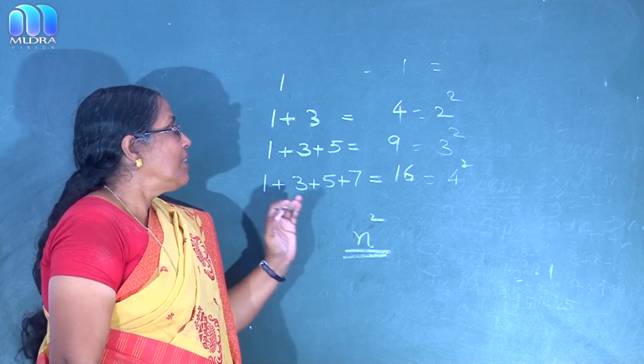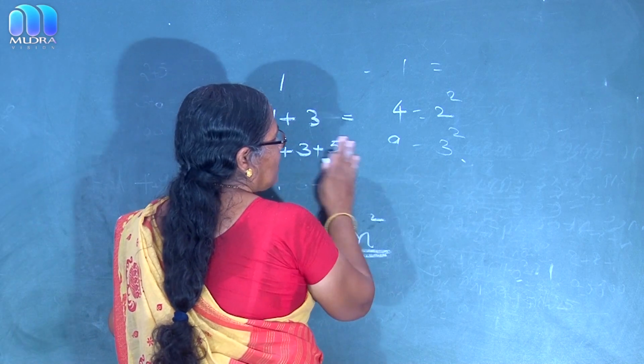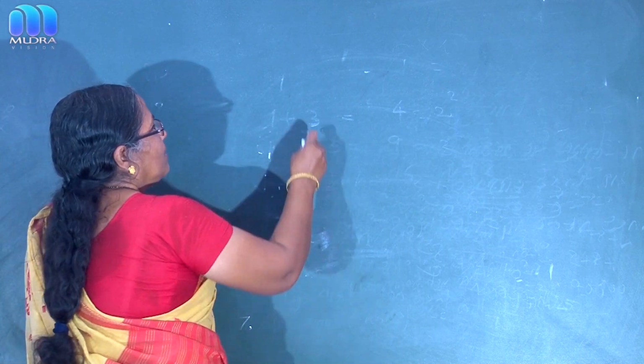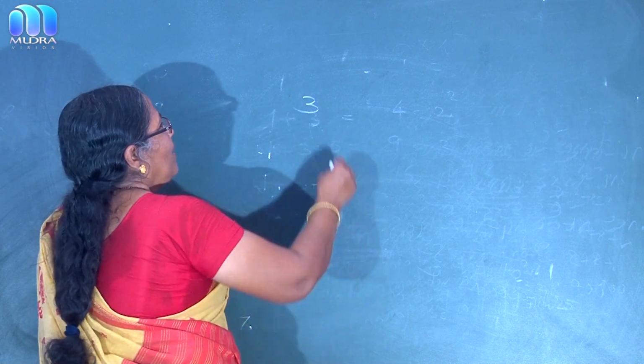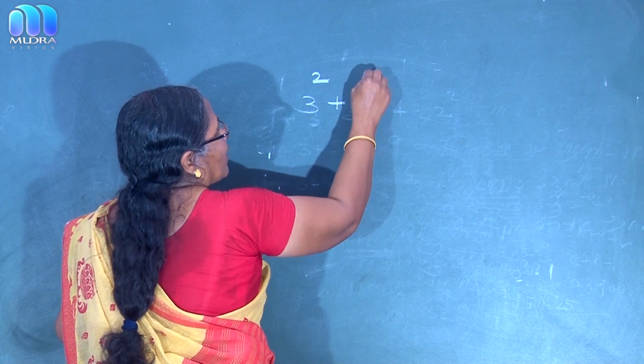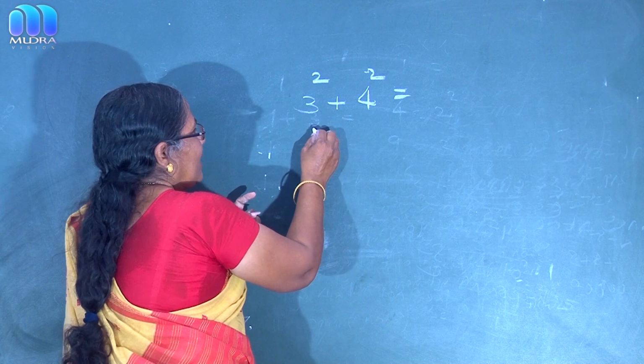Then again we can find some specialities of square numbers. From the table we got 3 square plus 4 square is equal to, what is 3 square? 9.